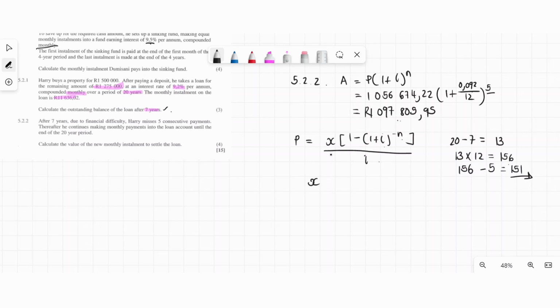So substitute everything. So here we need X. So the P side is going to be your new outstanding balance. So it's going to be this amount. Then X here, because that's the one that we're looking for.